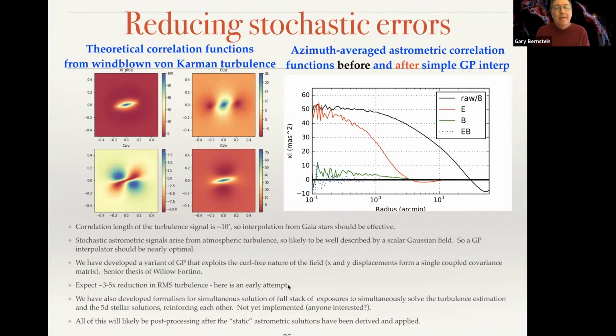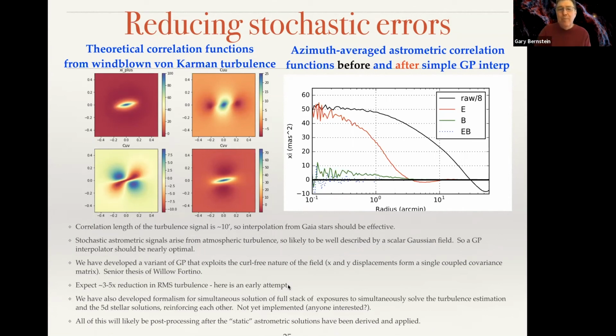And I have an undergraduate senior thesis student, Willow Fortino, and she is working on refining this. In particular, I won't go into details here, but we have devised a variant of the Gaussian process, which takes advantage of the fact that the 2D field has to be curl-free.